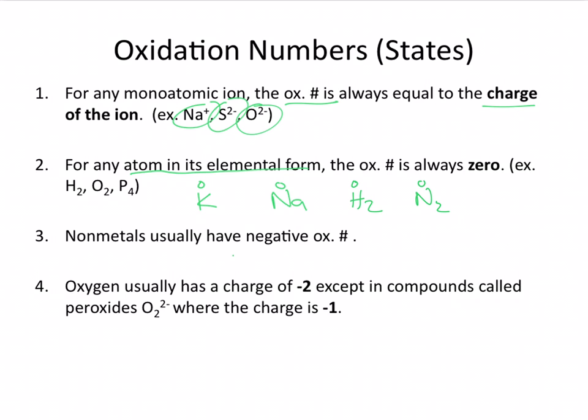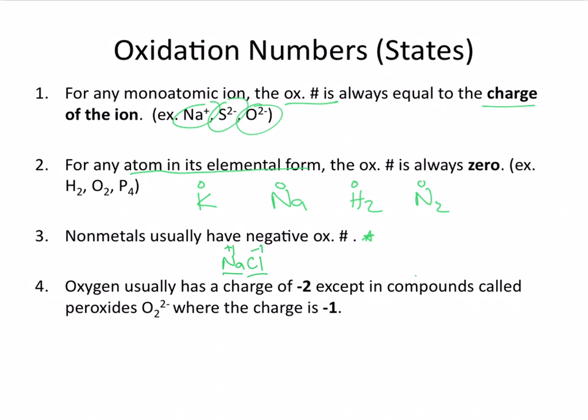Okay, now for our third rule here, in the case of compounds, nonmetals are usually going to have negative oxidation numbers. We know that this is the case in many examples, but in the case of, say, ionic compounds, we know that typically the metal is going to have a positive charge, and the nonmetal is going to have a negative charge, right? So in this case, oxidation numbers of +1 and -1 will occur respectively.